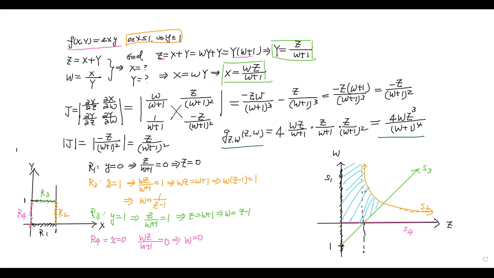So this is my new domain for w and z, bounded by the transformed old domain. Like I said, when you do the transformation, the hardest part is probably trying to find the new domain after you did the transformation.